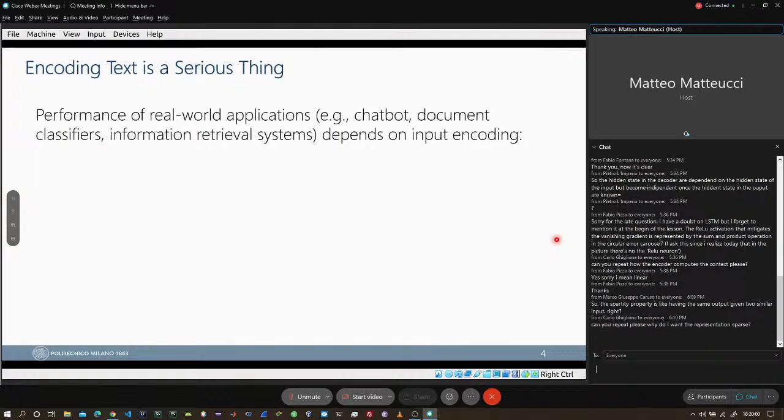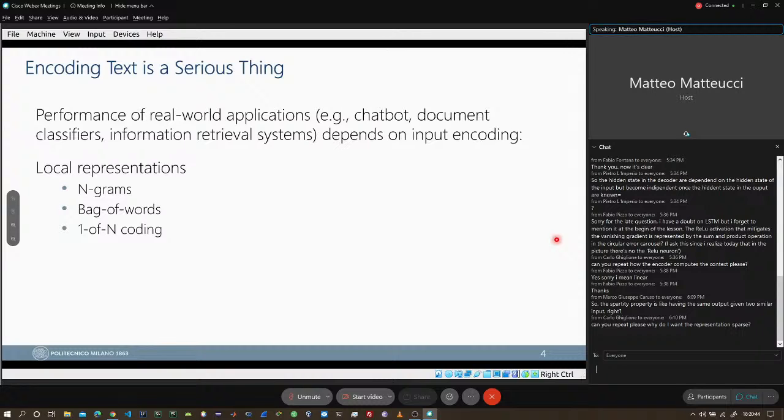So how do you encode a document? How do you model text? This is a very serious issue. I mean, it's so serious that finding a proper way of encoding text has changed the performance of chatbots, classifiers, information retrieval systems, automatic translation systems. The big change in any NLP task has started with finding a proper way of encoding text.